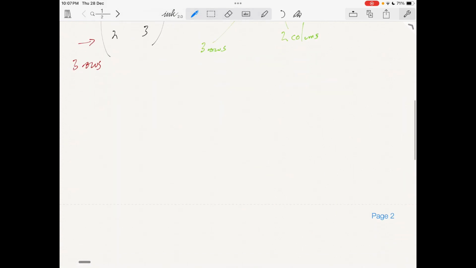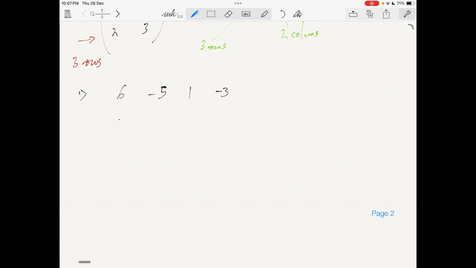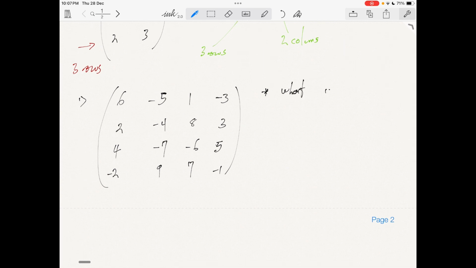Assume we're given: 6 5 6 minus 5 1 minus 3, 2 minus 4 8 3 4 minus 7 minus 6, and 5 minus 2 9 7 minus 1. Now the first question is: what is the order of the matrix? You might be asked this question.